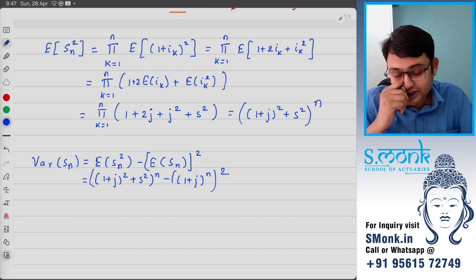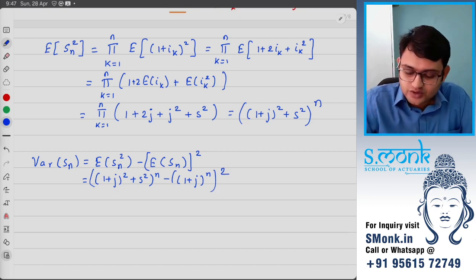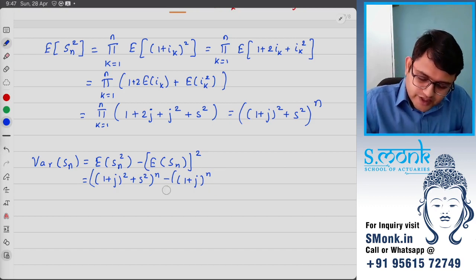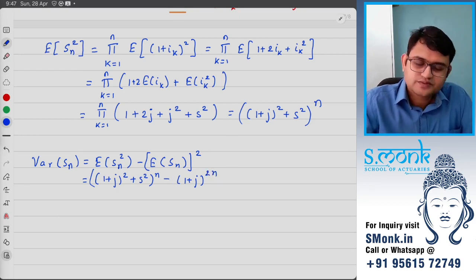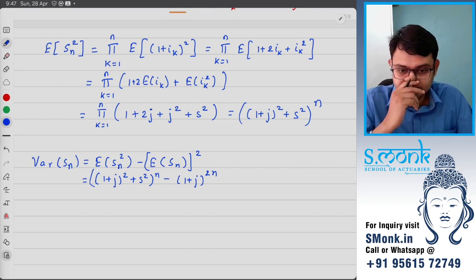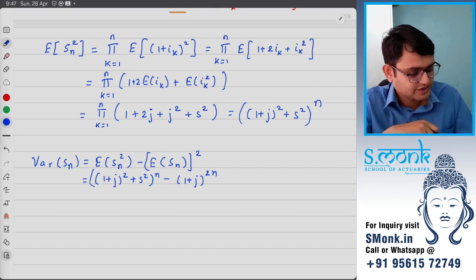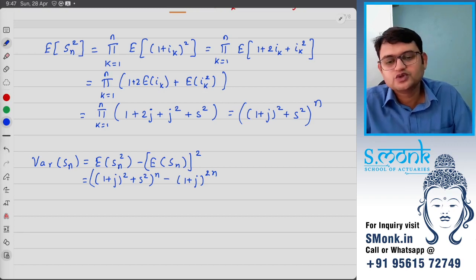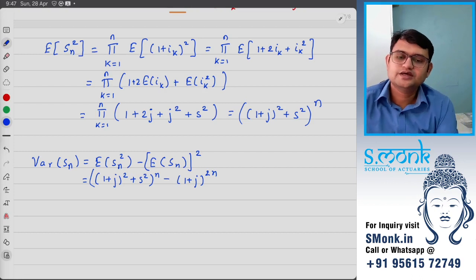Okay, so it's basically 1 plus j raised to n whole square, so I can just write it as 1 plus j raised to 2n. This is going to be the variance. Now it's very important for us to remember the mean and the variance of a single investment, because we are going to use that directly in sums.